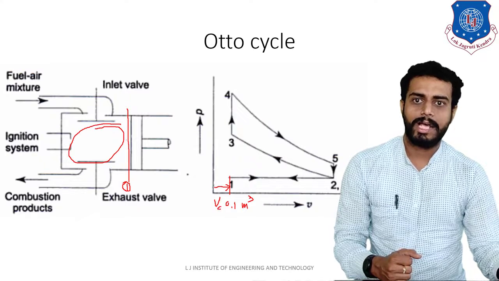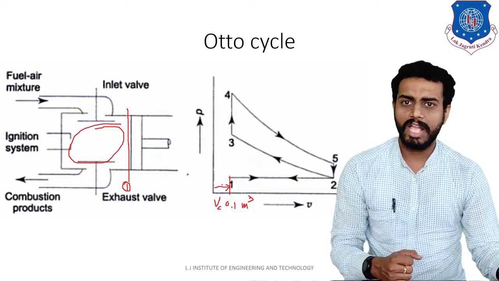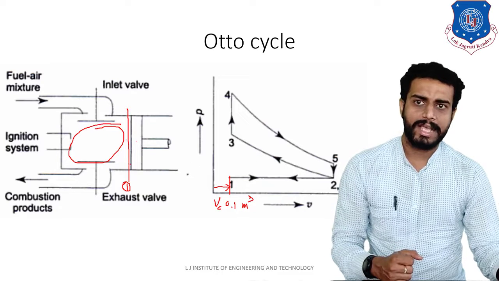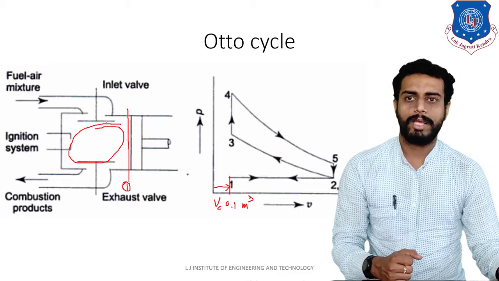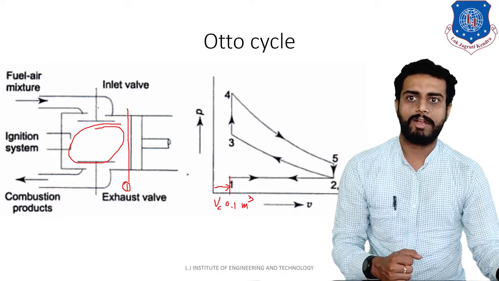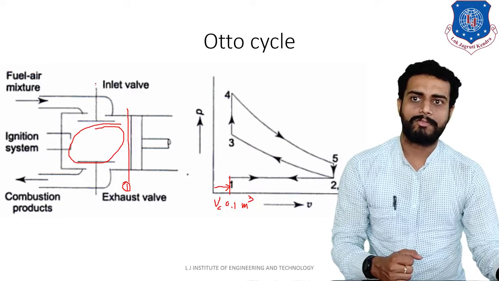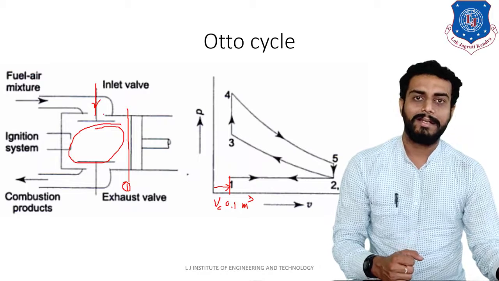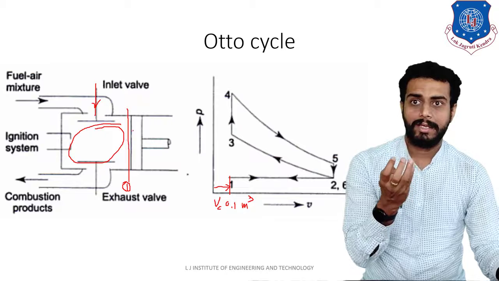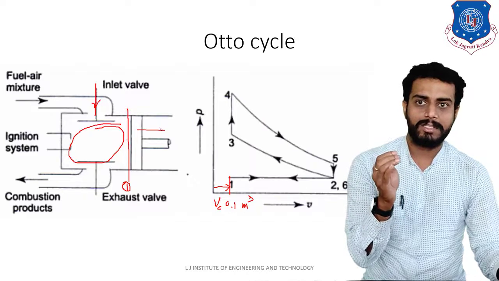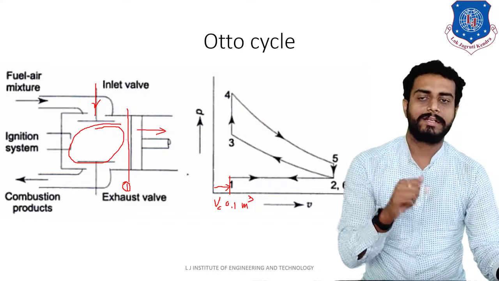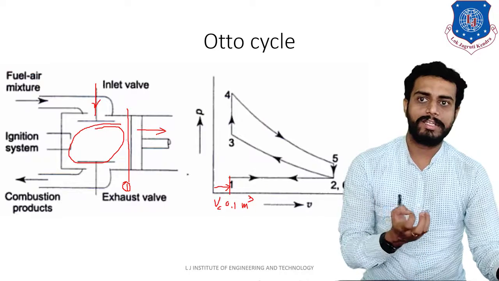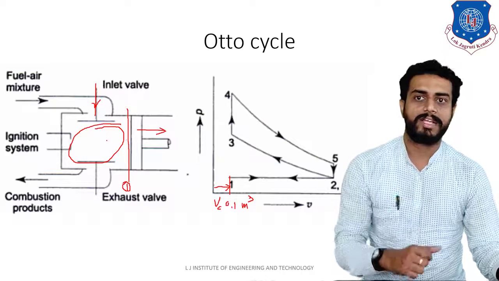Now further, after clearance volume, the piston is at inner dead center, right? So what will happen? Initially the inlet valve will open, so this valve will simply move downward. Now what will happen students? The inlet valve will open and the piston will move towards the right hand side. That will create suction inside the piston cylinder cavity.